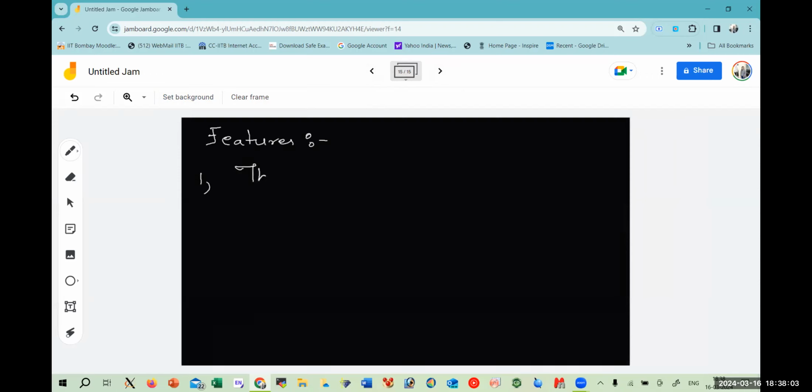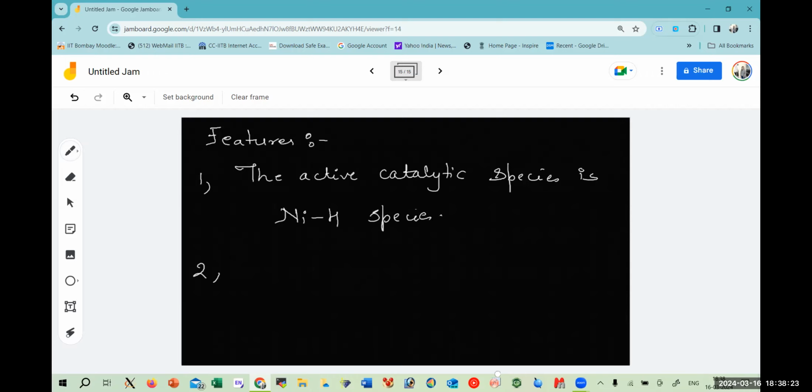As I said, the active catalytic species is the nickel hydride species, and it has an X group, it has a PCy3, and also certain charge coming from, because this would be a whole group, and this is having a propene.